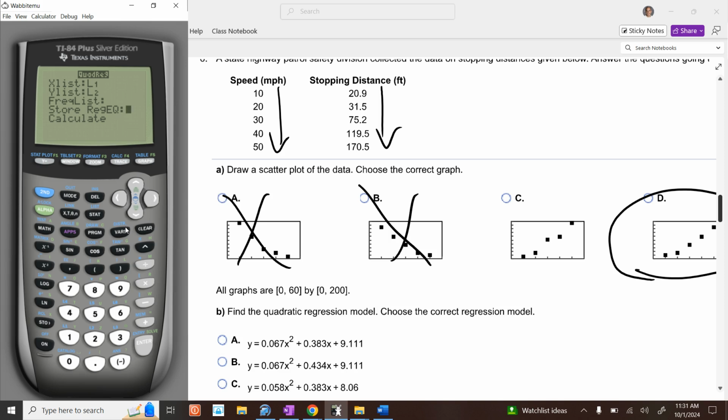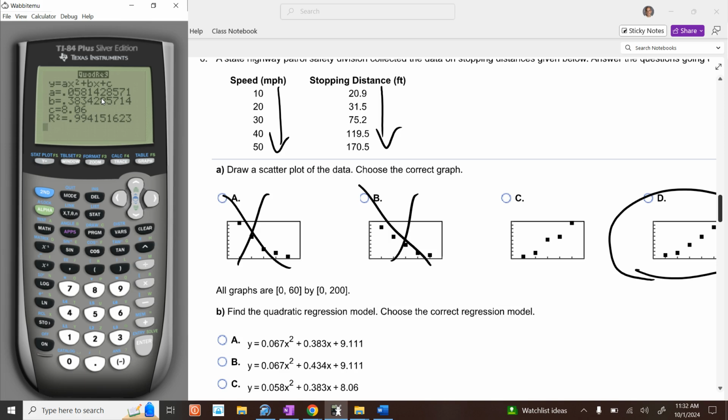So how do we do that? Well, we go vars, over to y vars, function, enter, y1, enter. What it'll do is take that regression equation that it's going to make and put it into your y1. Now you're going to go calculate. Okay?